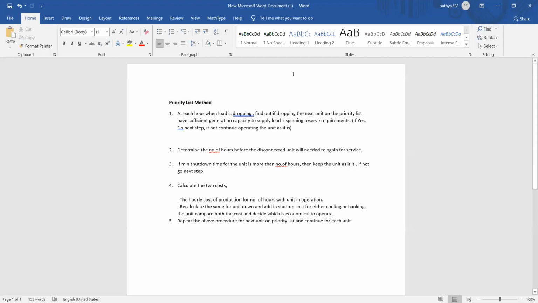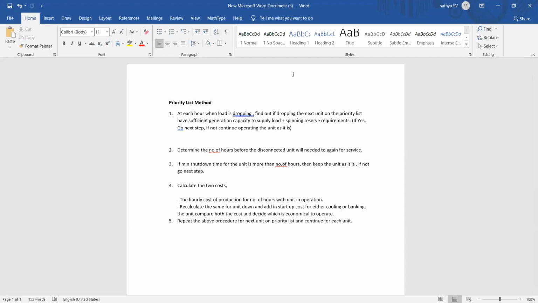Clear to everyone? The priority list method here, what we are doing, I will revise once again. See, so at each hour when the load is dropping, we need to find out if dropping the next unit on the priority list is having the sufficient generating capacity or not. That we need to check out.